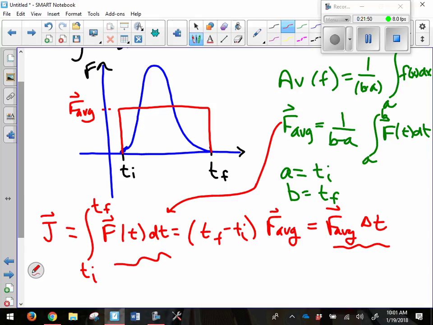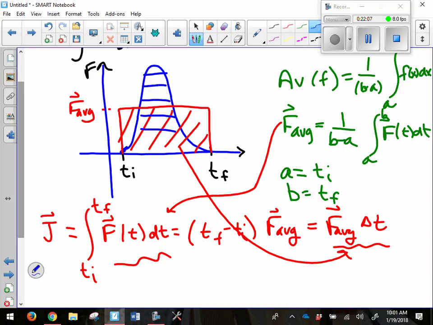Maybe a little lower. Okay. And then what I'm saying is the area here, which is this, is the same as the area here, which is that.